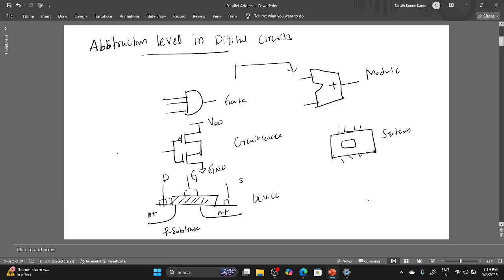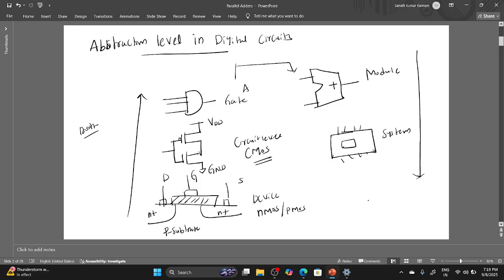So there is a bottom to top approach and a top to bottom approach. Bottom to top means you come from device level, circuit level, gate level, module level. Device level means you use devices like NMOS or PMOS. Circuit level means with the help of devices you use CMOS.